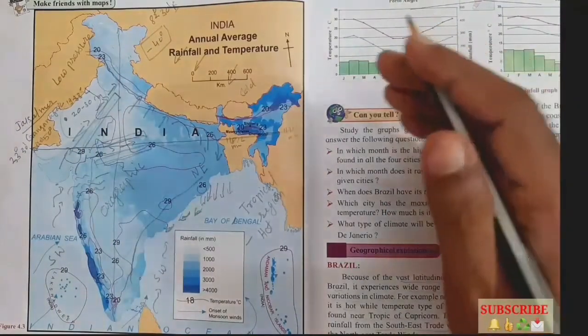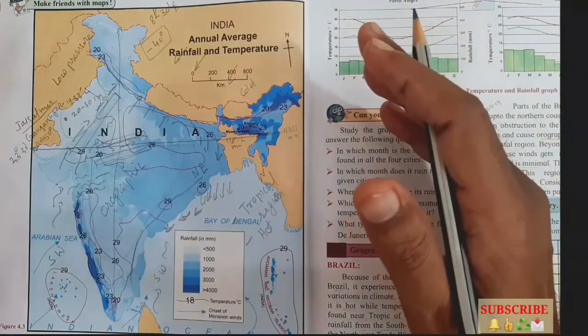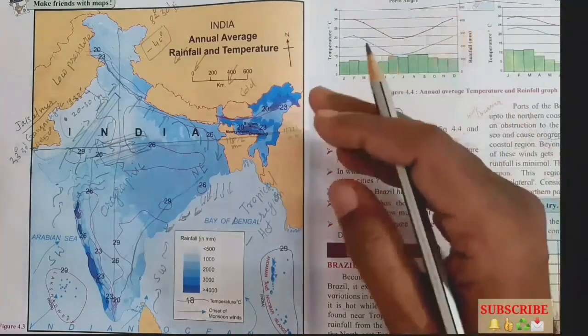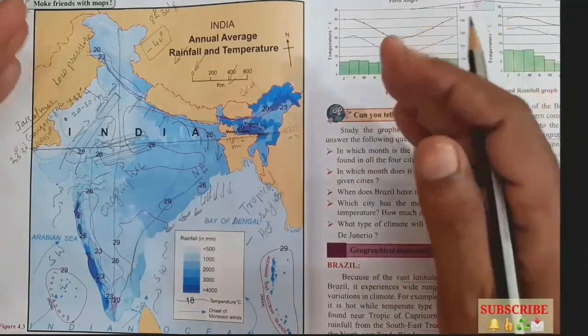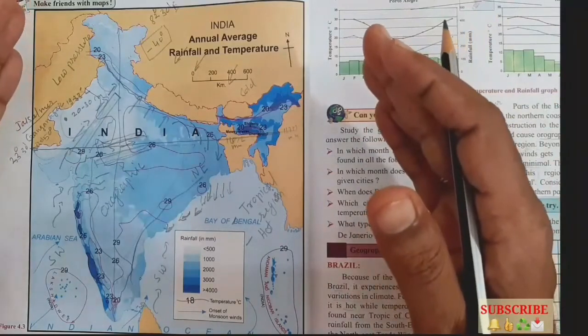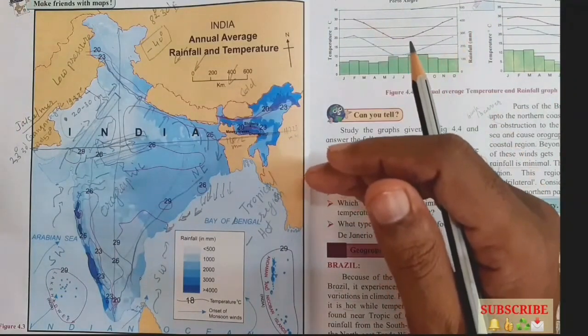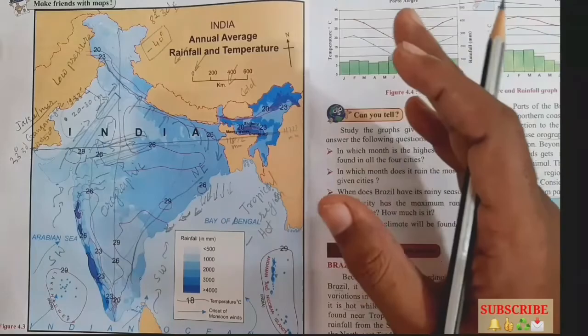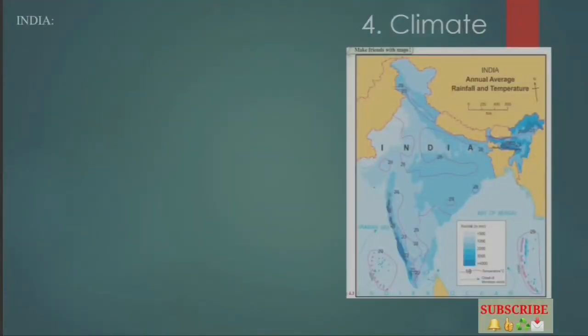Yes, students. So here we have understood the map of India, as well as the physical features and the factors that affect the climatic conditions of India. This is very important from the examination point of view. Now we shall study the questions based on the Indian climate. Observe figure 4.3 and write the answers.